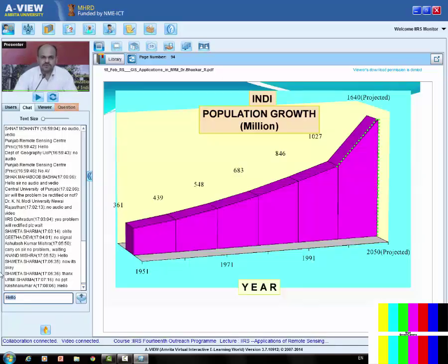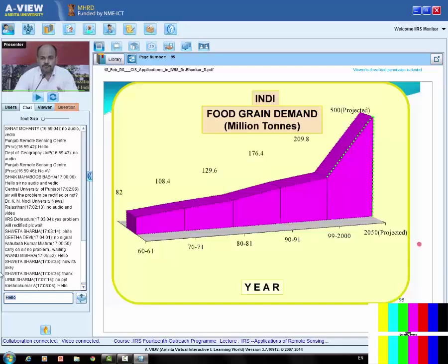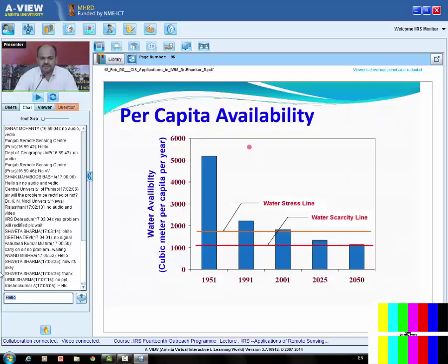Now, to discuss the need for performance evaluation and for improving the performance of the system: you can see the projected population by 2050. To feed that population, we have to increase our crop production up to this level, and to increase this, we need more water.